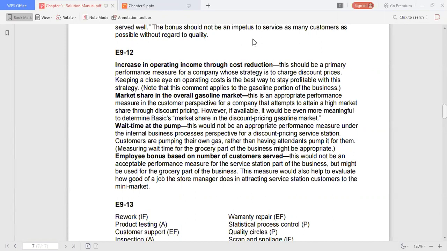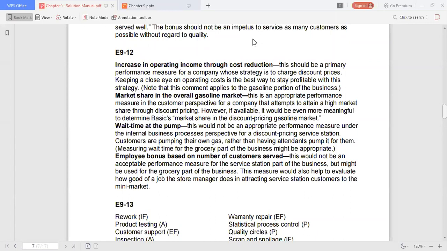This should be a primary performance measure for a company whose strategy is to charge discount prices. Keeping a close eye on operating costs is the best way to stay profitable with this strategy. Note that this comment applies to the gasoline portion of the business. Second, market share in the overall gasoline market, under customer.